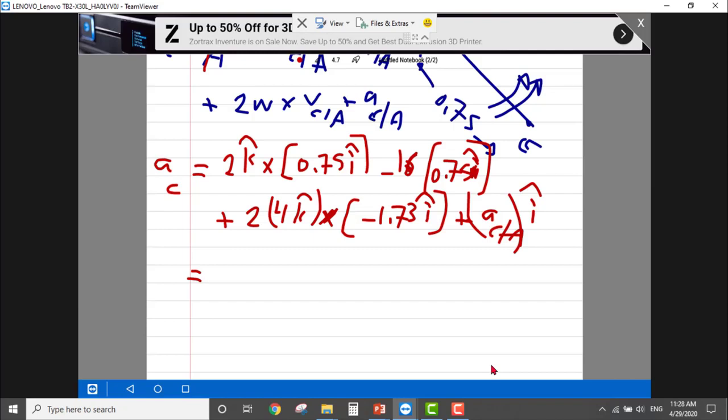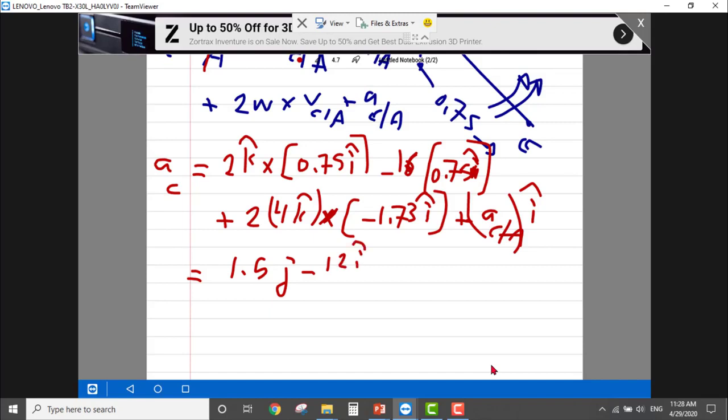So this is equal to K cross product I. K cross product I is J, so 2 multiplied by 0.75, this is 1.5 J. Now 0.75 multiplied by 16 is 12, so here we have minus 12 in the I direction.